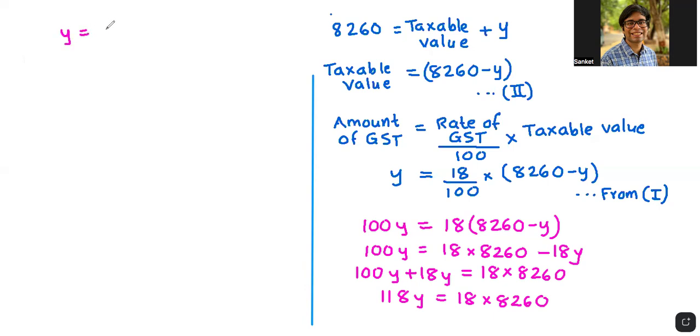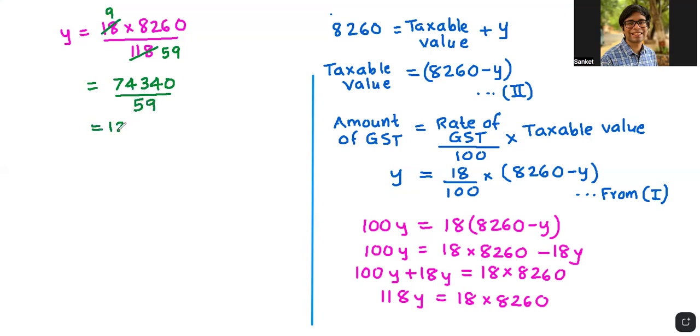So I get Y as 18 multiplied by 8260 divided by 118. I'll again try to simplify this by dividing numerator and denominator by 2. I get 9 upon 59. 9 multiplied by 8260 is 74340 divided by 59.